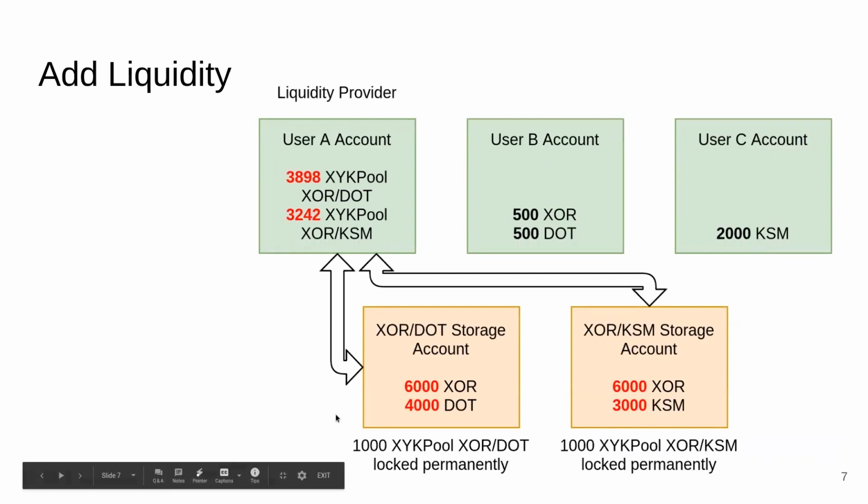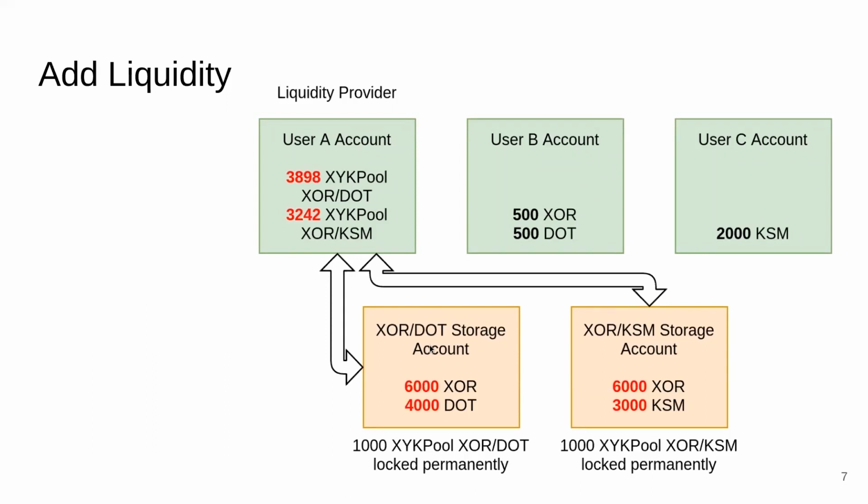So our first step is that a liquidity provider wants to deposit all of his tokens into the pools. So he deposits them in both of them and receives pool tokens in exchange. These are some amounts of pool tokens.